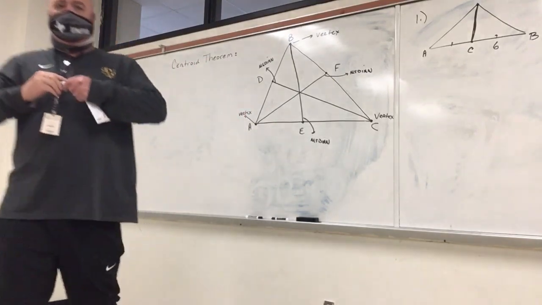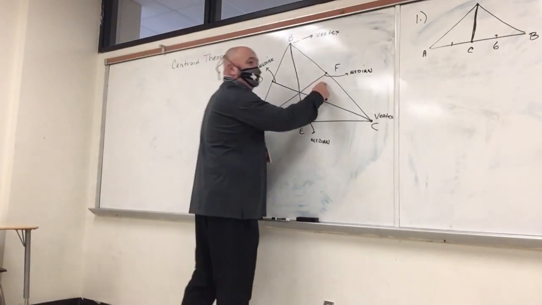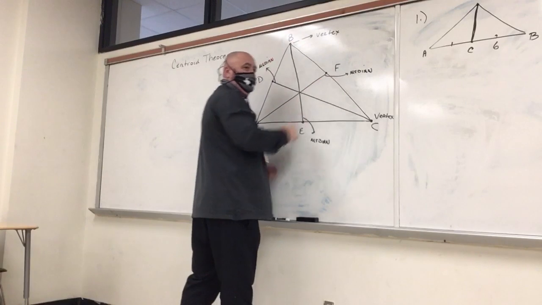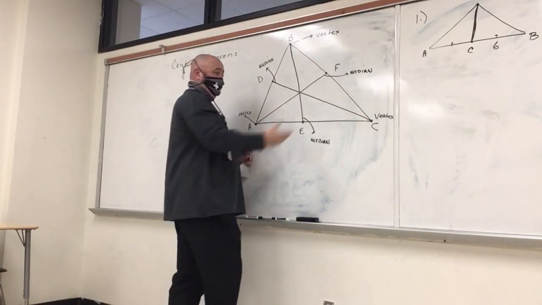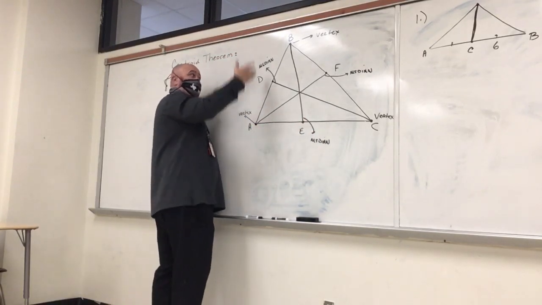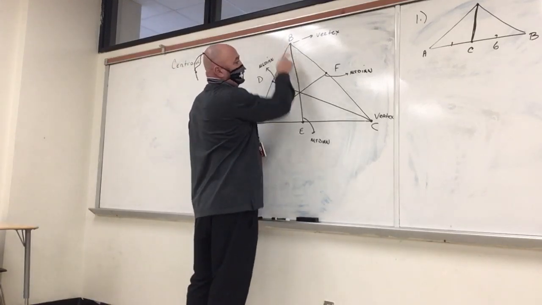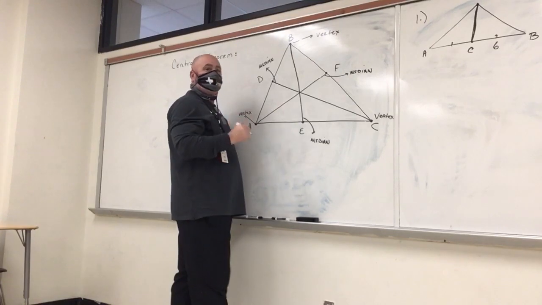Now, I want you to understand, this is called a median because when I drew that median, it cut this side in half. It cut this side in half, and it cut this side in half. So what can I say about BF and FC, what can I say about those two segments?